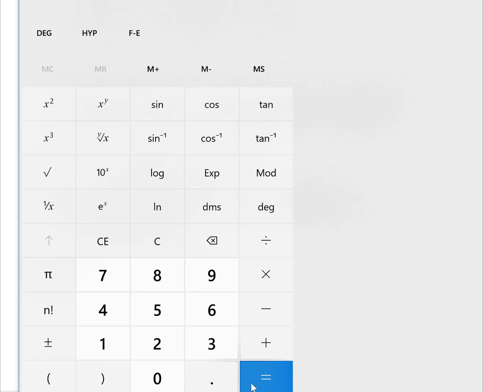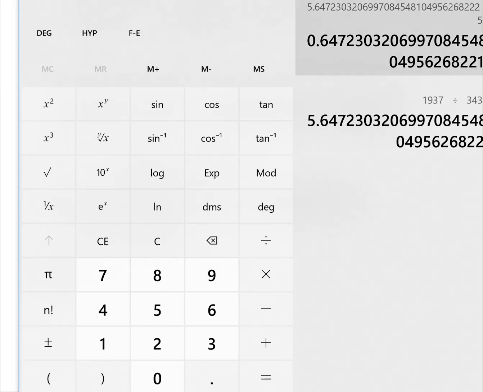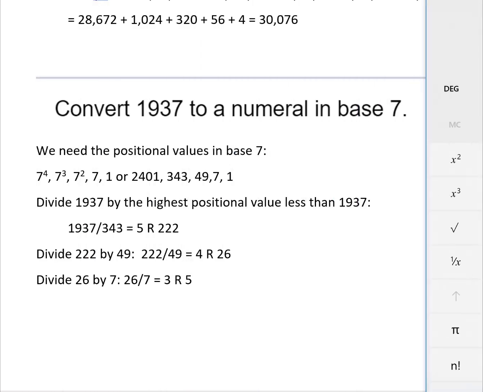I'm going to keep that 5. I need to find the remainder, so go ahead and subtract the whole number portion from the answer you just got, and then multiply that times the number you were dividing by, and this will give you the remainder. So the remainder is 222. And I've written that here on the paper. So 1937 divided by 343 gives me 5, remainder 222.